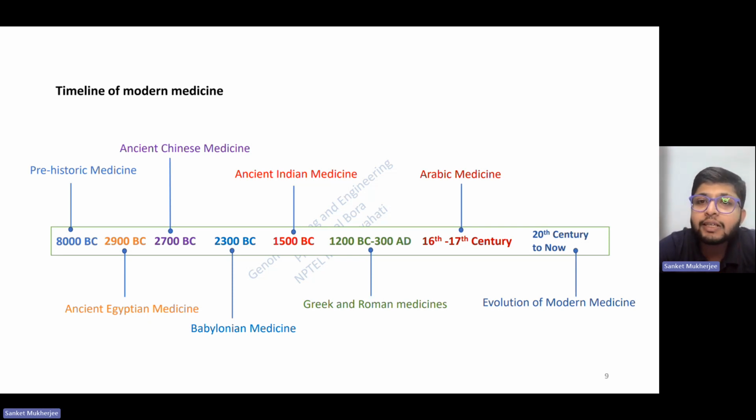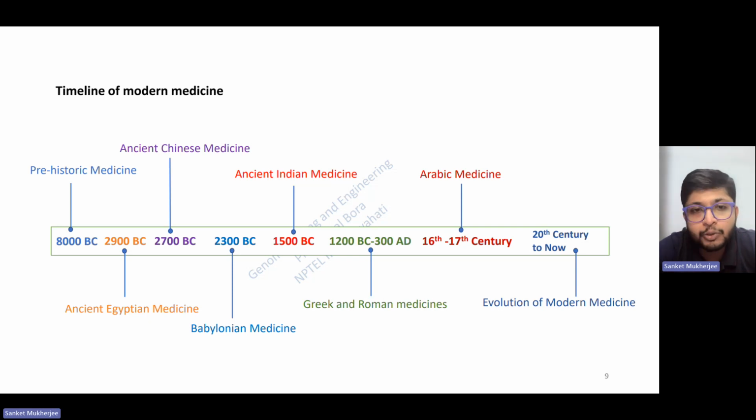If we see the timeline of modern medicine, how it has evolved over humanity: in 8000 BC and before that time, there was prehistoric medicine. Then there was ancient Egyptian medicine. Ancient Chinese medicine was at around 2700 BC. Babylonian medicine was at around 2300 BC.